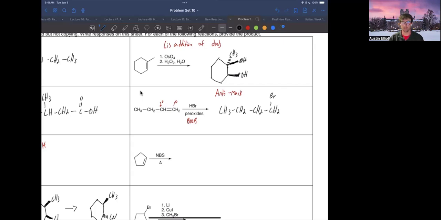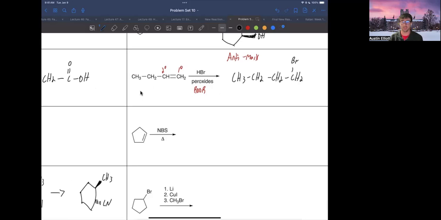Now, looking down at the next one, we have NBS and delta. So once again, that delta is our heat. NBS we know is what allows us to add to benzylic or allylic carbons. So when we're looking at our benzylic and allylic carbons, it's the sp3 carbon surrounding the sp2 carbon.